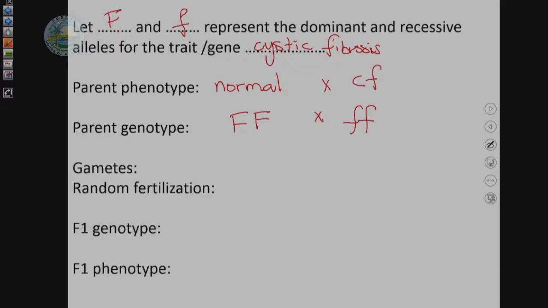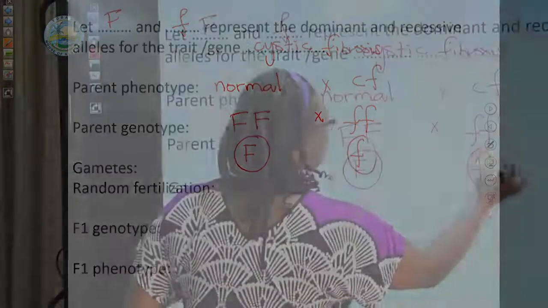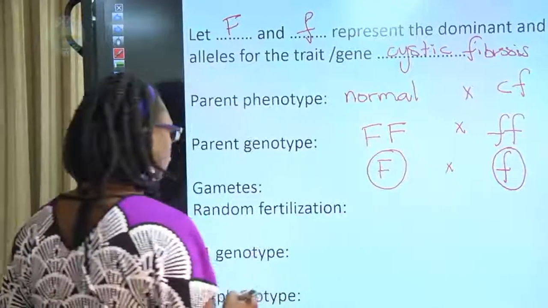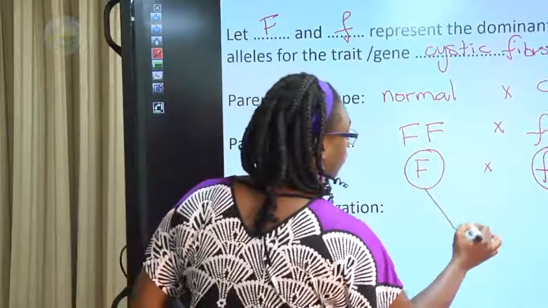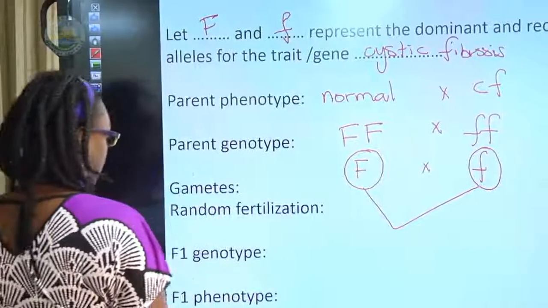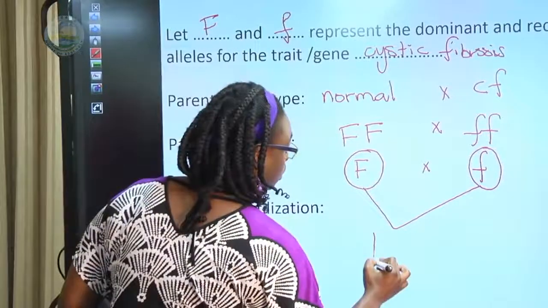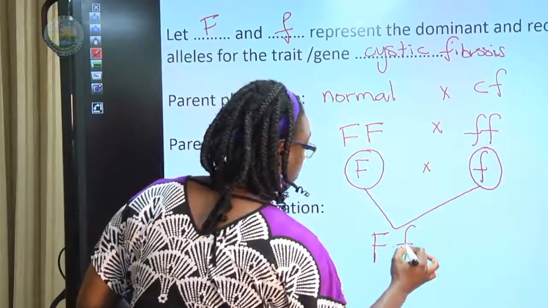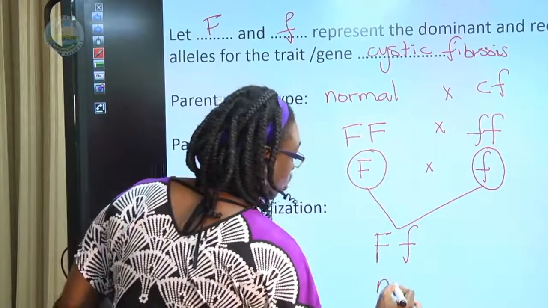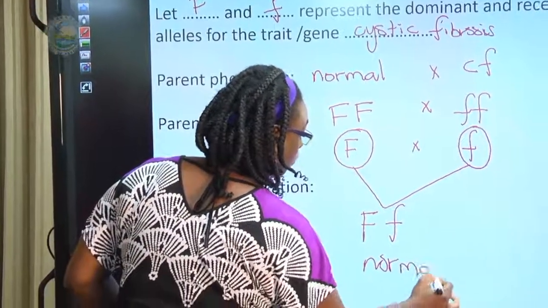So the gametes in this case are all capital Fs for this individual and all small fs for the other individual. Random fertilization, and the F1 genotype will be capital F, small f. Or in other words, they would all be normal.